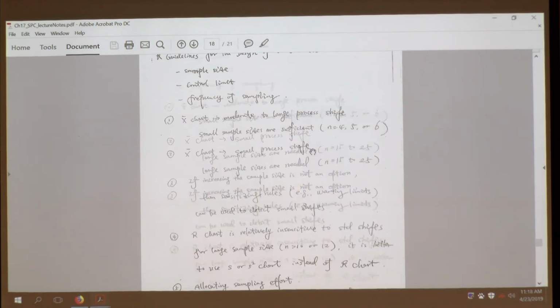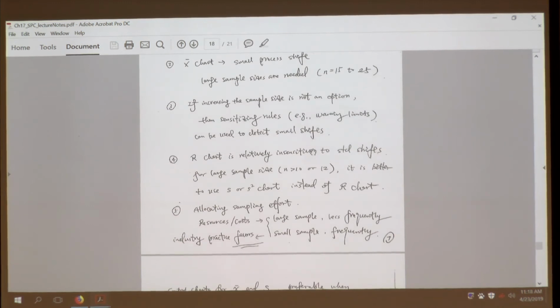If increasing the sample size is not an option, because sometimes it's very difficult to increase the sample size, then we use sensitizing rules, that is, warning limits. Previously we had plus minus 3 sigma. Now the warning limit is plus minus 2 sigma.